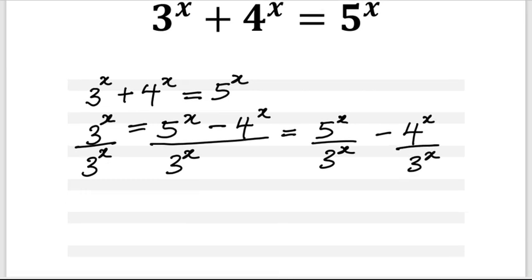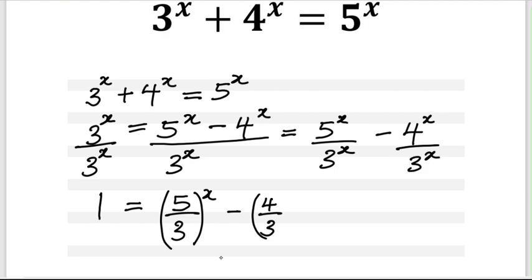Okay, and 3 to the power of x over 3 to the power of x is simply 1, and this will be equal to, I can easily do this by indices, 5 over 3 all to the power of x minus 4 over 3 all to the power of x. And we know that x is the same as x divided by 2 times 2.